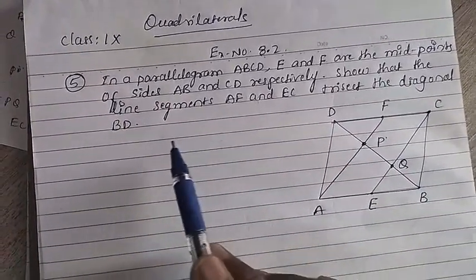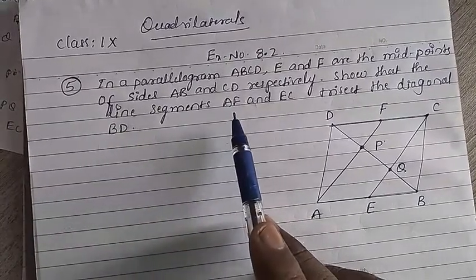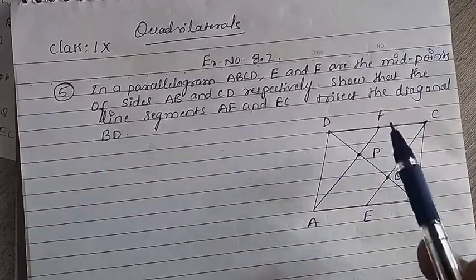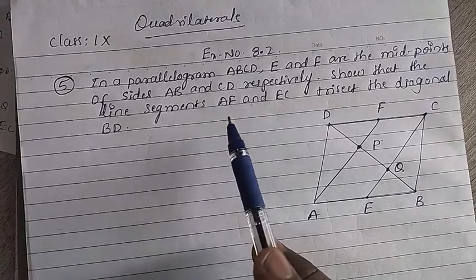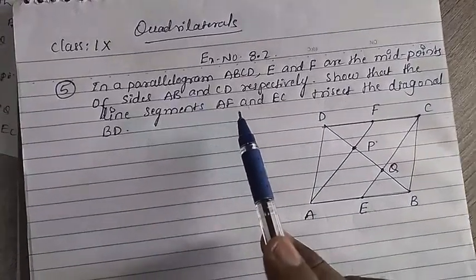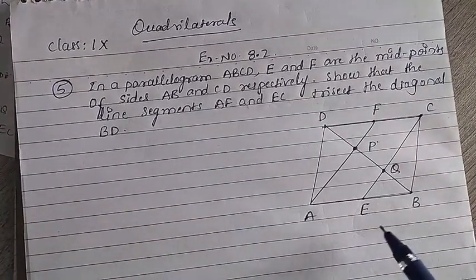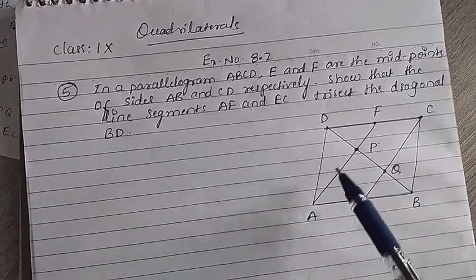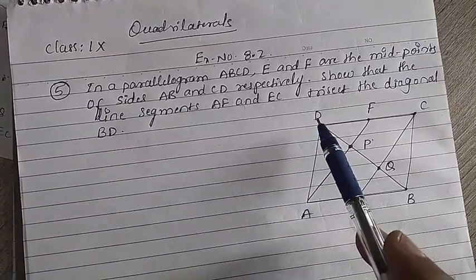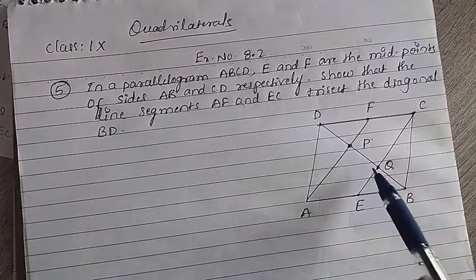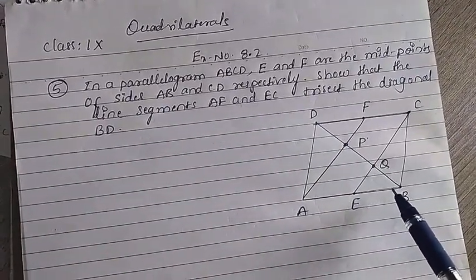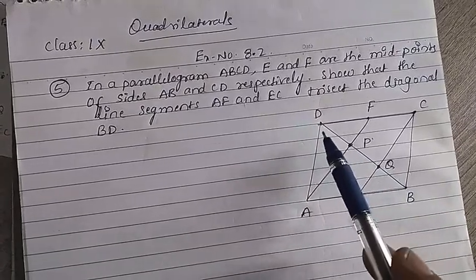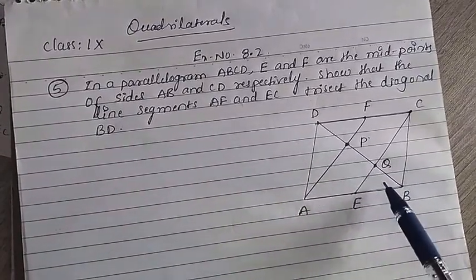Show that line segments AF and EC trisect the diagonal BD. Do these two lines bisect or trisect BD? Tri means three. Trisect means it is divided into three equal parts.